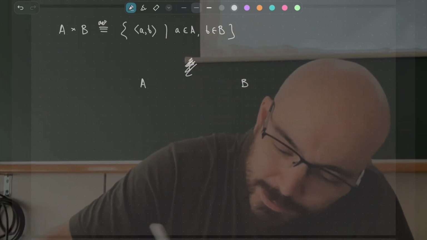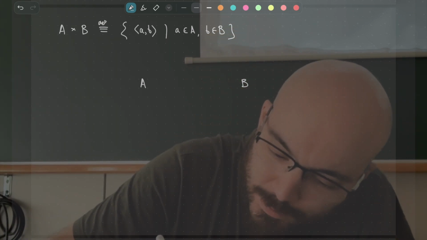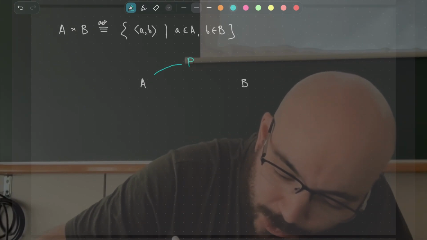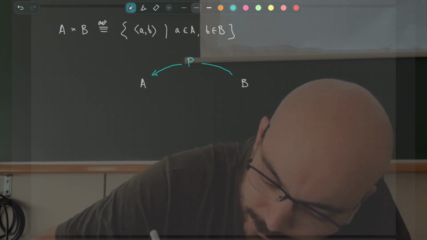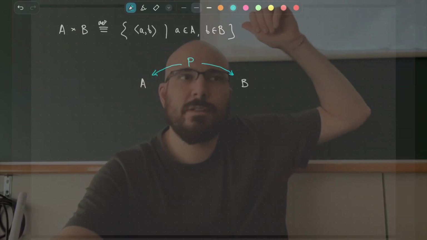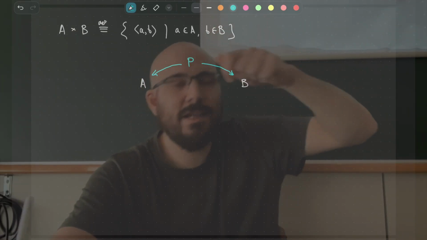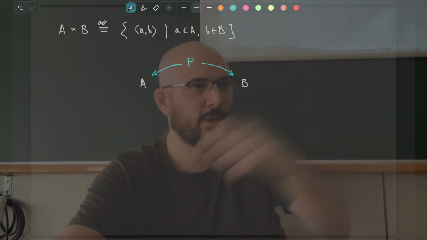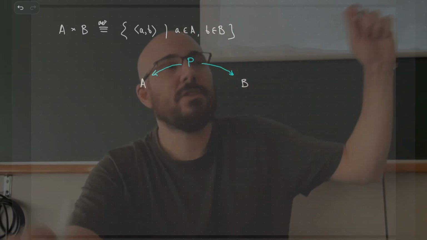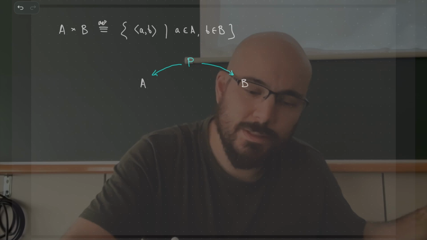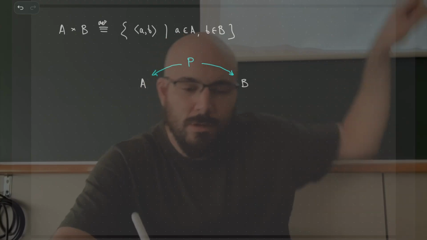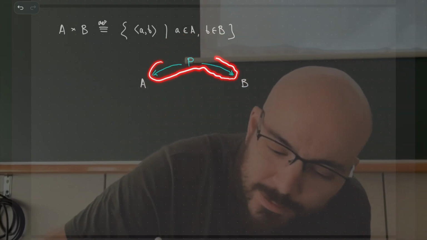In order to be a good candidate for a product, you must, first of all, have a way to get out of yourself to A and to B. And this happens with the usual Cartesian product, and the product that we have in the type-theoretic development we have done so far, it's the out left and the out right, the first projection and the second projection. So in order to deserve the name that you are a product, you have to come equipped with these two arrows. And it's quite easy to forget this and think that this is a candidate for the product. No, this is why I painted everything blue. This is a candidate for the product.